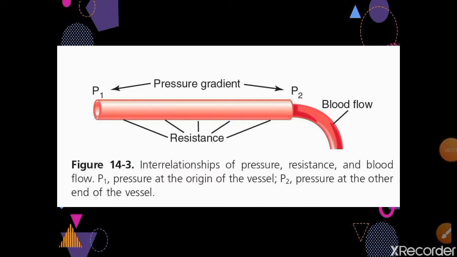P1 is the pressure at the proximal end of the vessel, while P2 is the pressure at the distal end of the vessel. The pressure gradient or pressure difference can be calculated by subtracting P2 from P1, while resistance is faced by the blood throughout the length of the vessel.